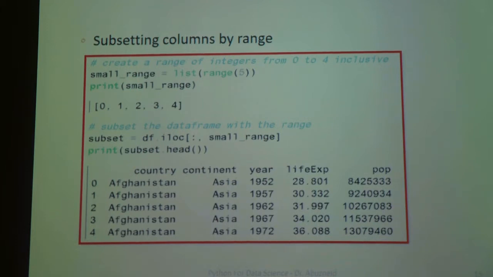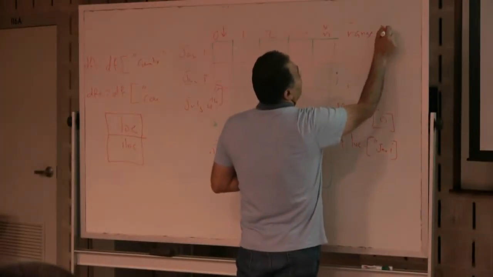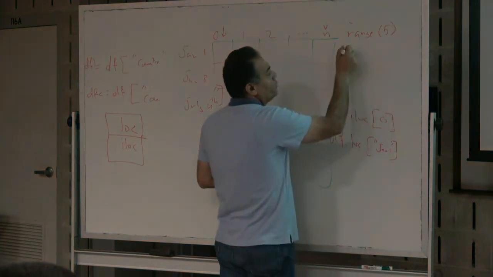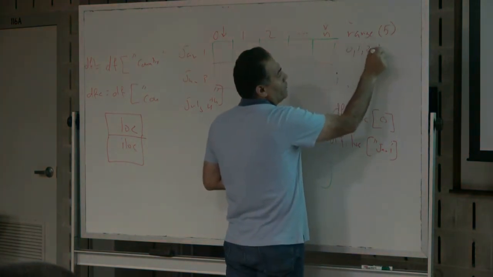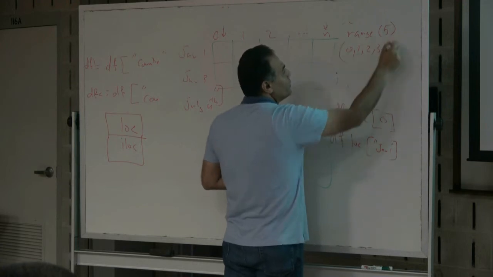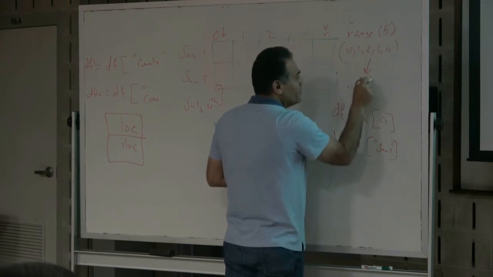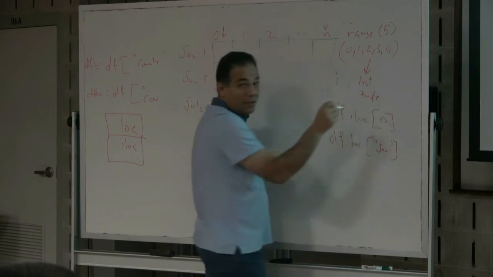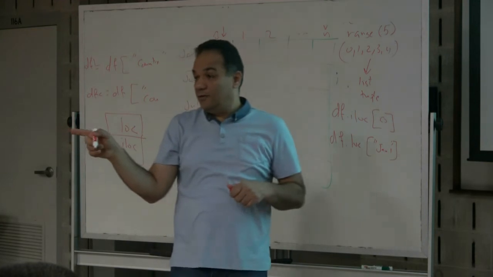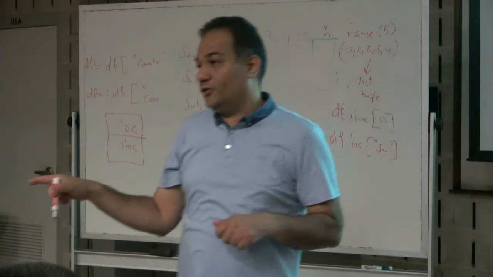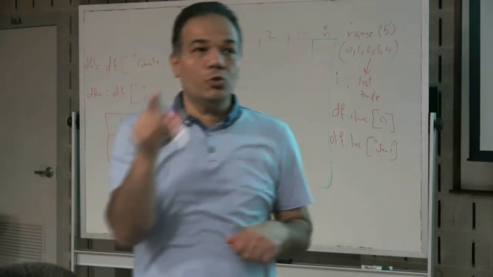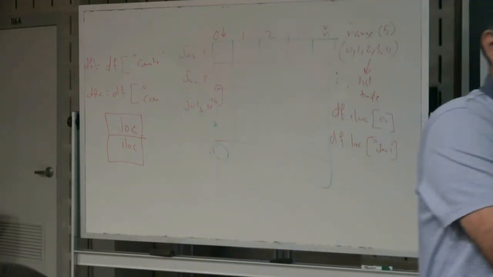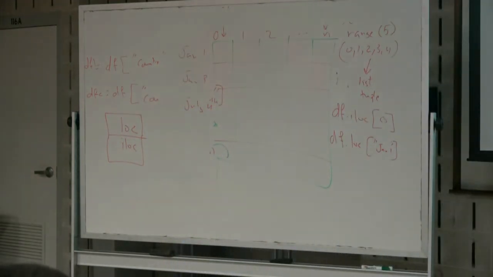So when I say, for example, range 5, we know it returns 0, 1, 2, 3, 4. But what is the type of this? Is it a list? Unfortunately, it's not a list. In Python 2, it used to return a list. In Python 3, it returns a generator.